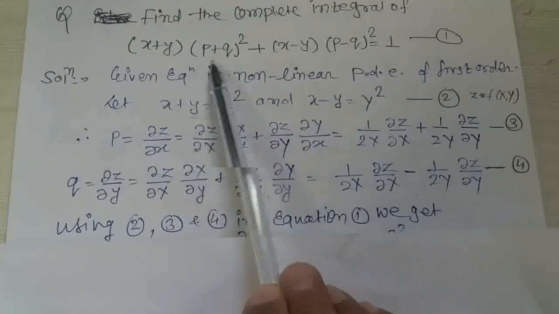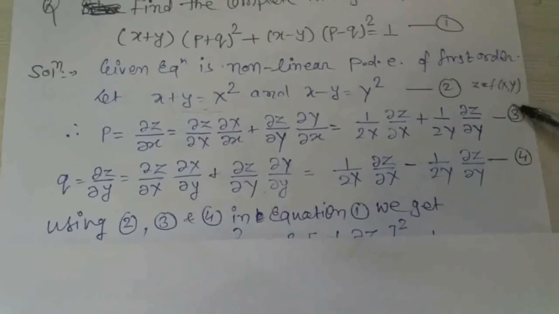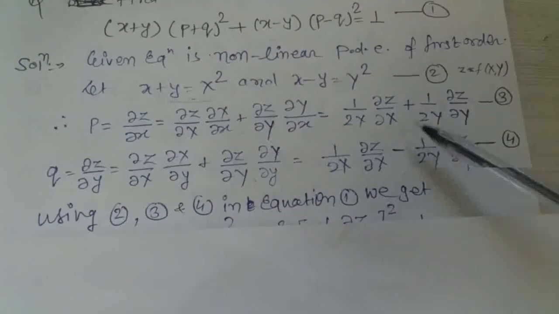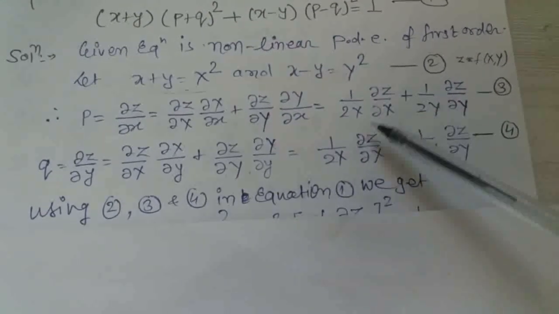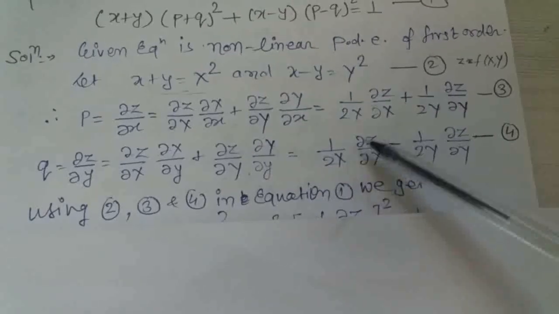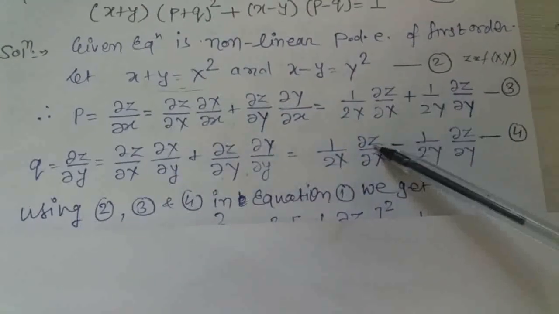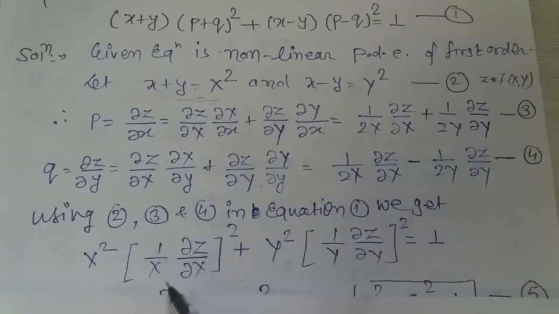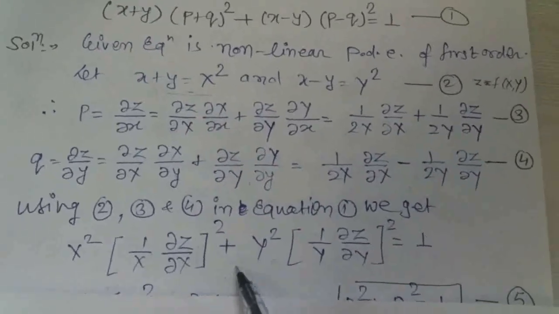Now P plus Q, adding equations third and fourth, we get P plus Q, which is, this cancels, this becomes 1 by 2 capital X del Z by del X plus 1 by 2 capital X del Z by del X, which becomes 1 by capital X del Z by del X.